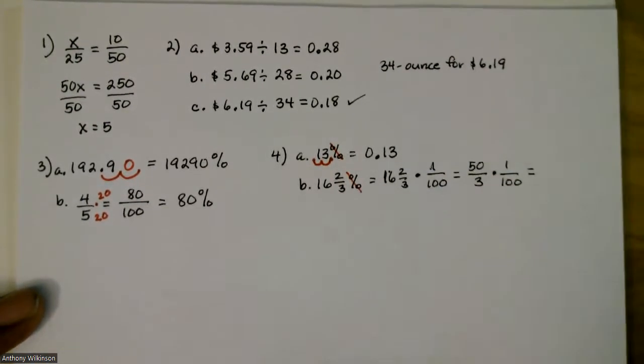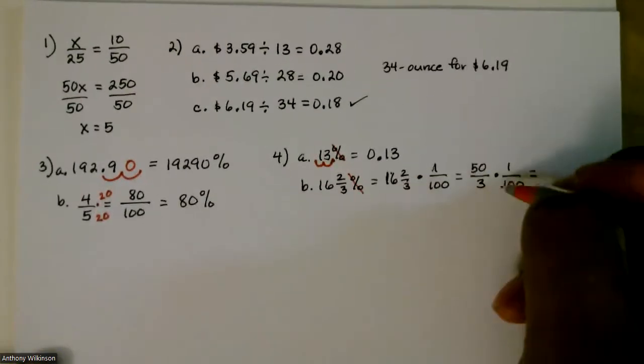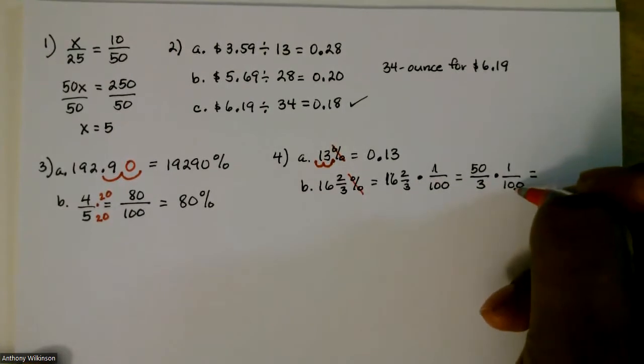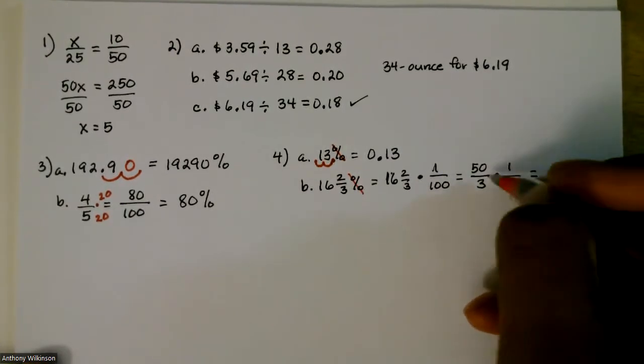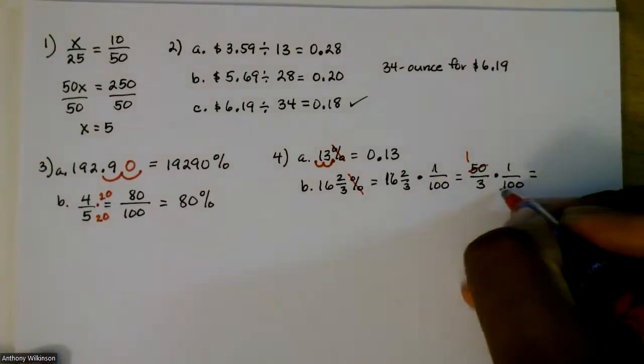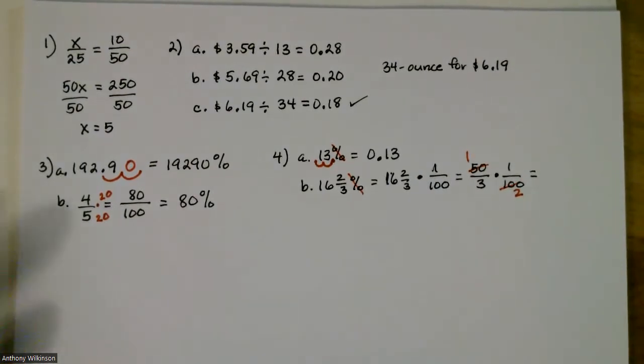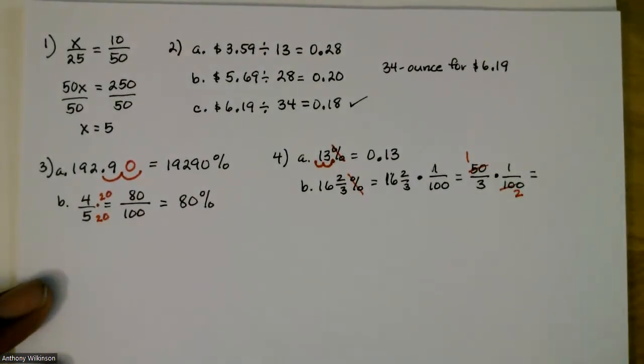Now in this case here, I can do some cross dividing, because I know 50 and 100, they're multiples of 50. So 50 goes into itself 1 time, and 50 goes into 100 2 times. And then multiply numerator times numerator and denominator times denominator.